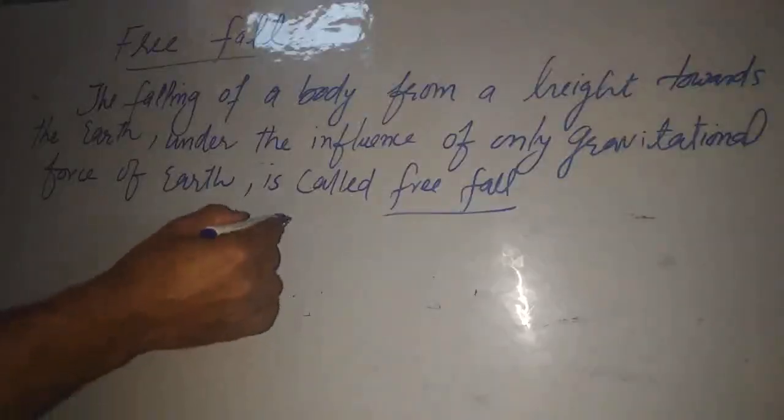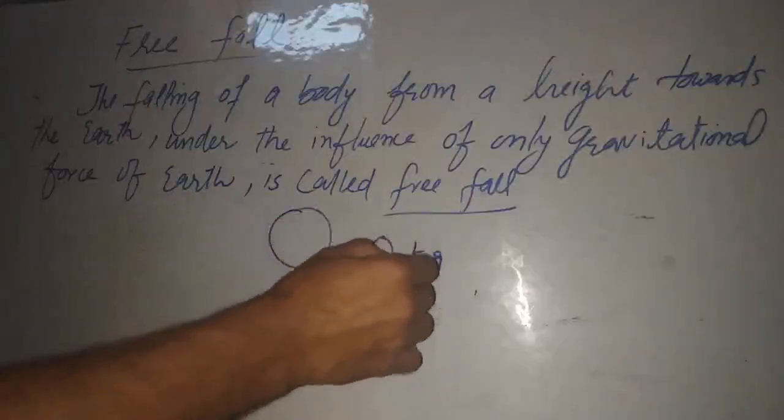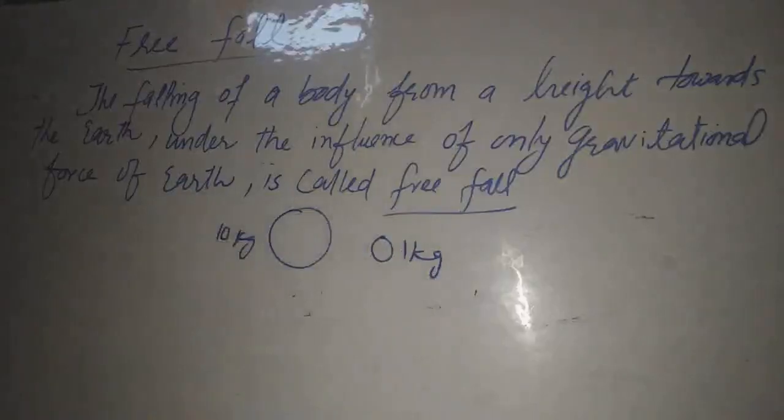If I drop a 10 kg mass and a 1 kg mass under free fall, they will strike the ground at the same time. That means this does not depend on the masses. The free fall doesn't depend on the masses.